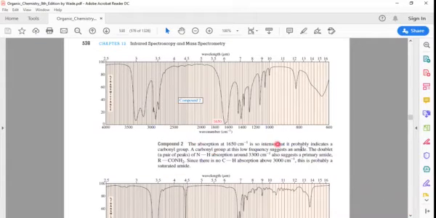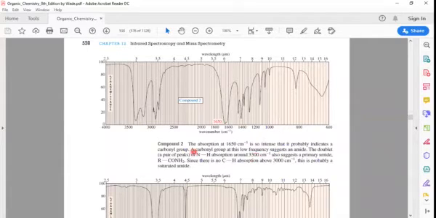Here, the explanation given is that absorption at 1650 per centimeter is so intense that it probably indicates a carbonyl group. Look at the word probably. It means whatever we are saying is a prediction, the most probable inference that we derive from it.